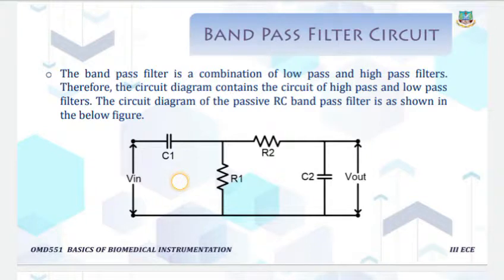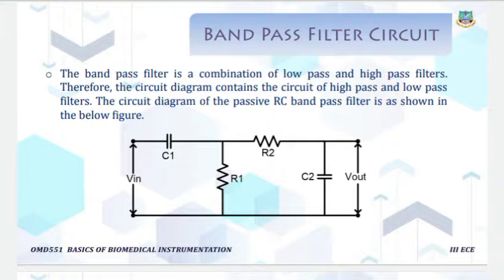In the first half, the high pass filter allows the frequencies higher than the lower cutoff frequency. Here, this will pass the signal which is above the lower cutoff frequency. This will allow the signals which are lower than the higher cutoff frequency, and it will attenuate the signal which has higher frequency, that is FC high.